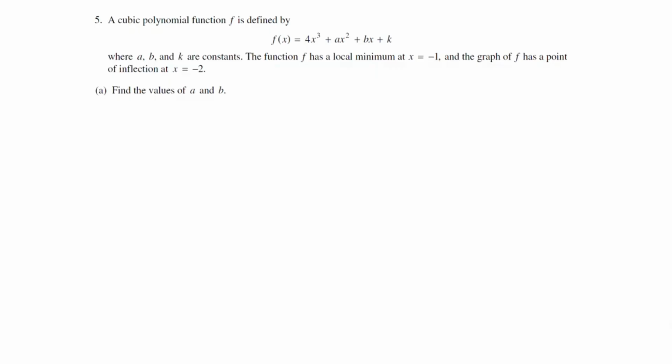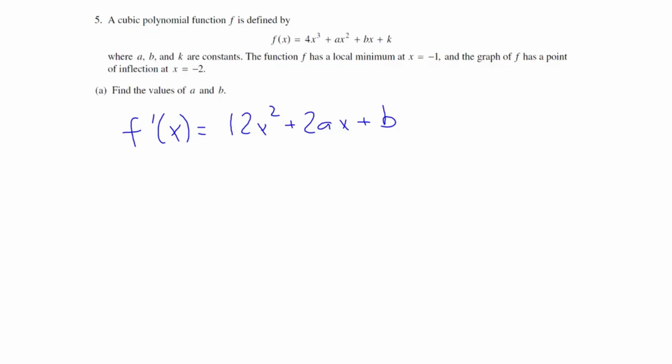So in order to have a minimum at -1, that means that the derivative must equal 0 or be undefined, but it won't be undefined since it's a polynomial at -1. So we'll find f prime of x first, which will be 12x squared plus 2ax plus b. And we know that f prime of -1 needs to equal 0.